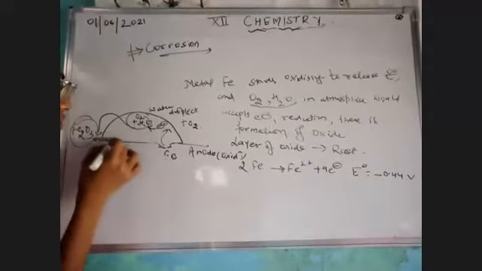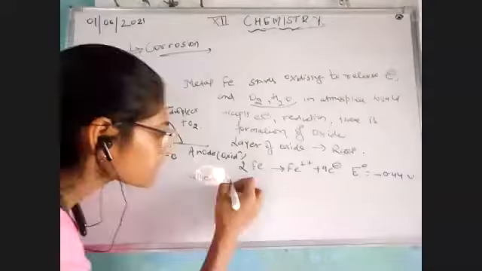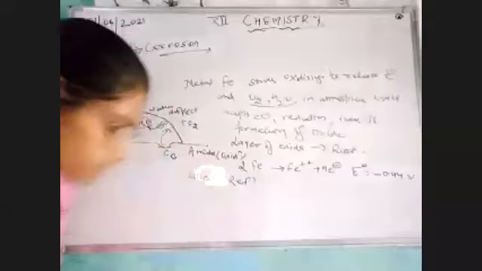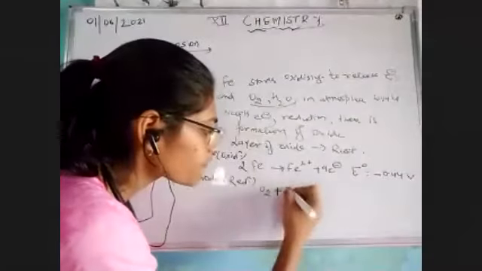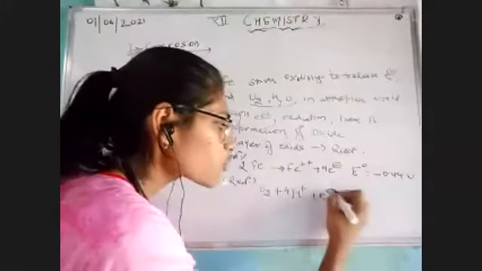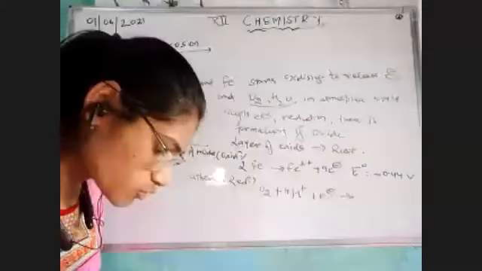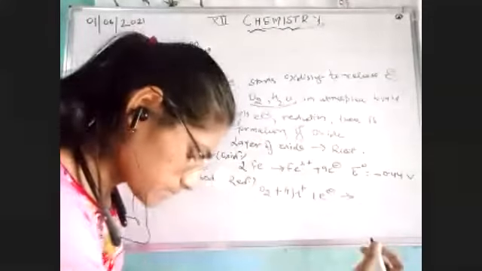Okay, so at the cathode, there is reduction taking place, where oxygen plus 4H positive, abstracted from the water, accepts the electron and converts into water.